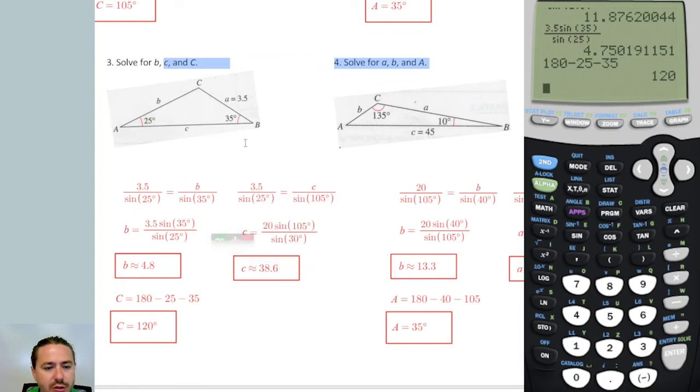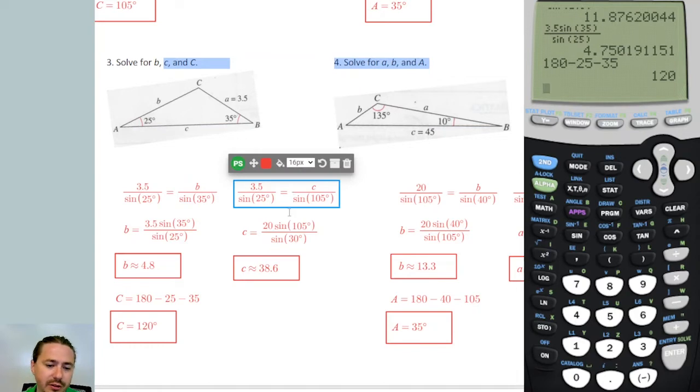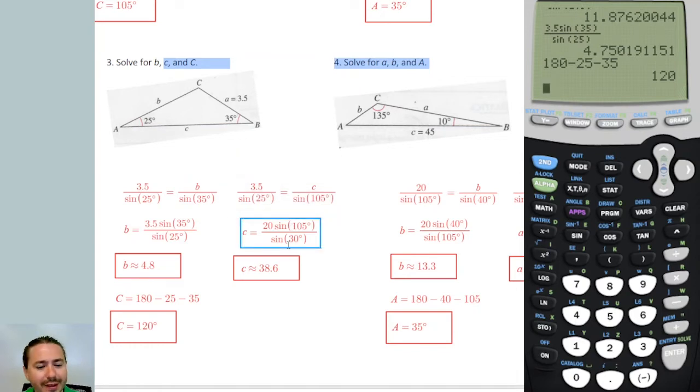So make sure you're using the given information and not the information that you found. Especially because if you got this number wrong and you try to use that over here, you're going to be kind of doomed from the beginning.